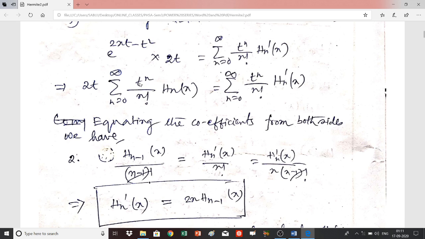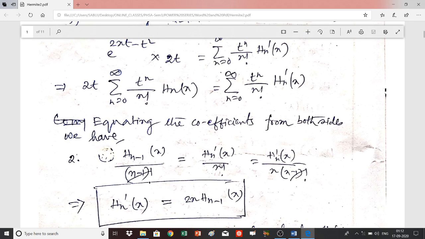In that case we get 2, and Hn should be replaced by Hn minus 1(x), with n minus 1 factorial, and that is equal to, on the right hand side no replacement is required, Hn prime(x) by n factorial.